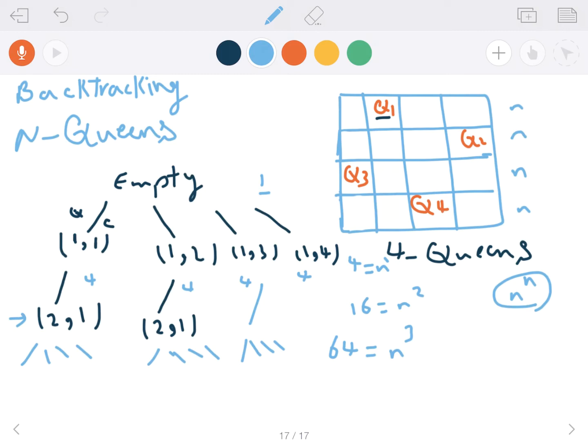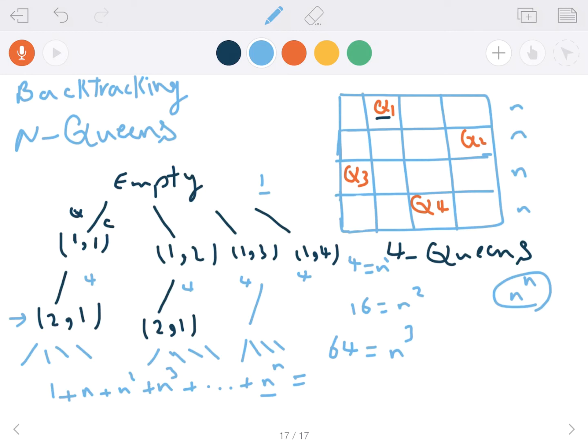So the number of nodes is going to be 1 plus n squared plus n cubed and plus n to the power n. And n to the power n, as I said, is the number of leaves that we have.